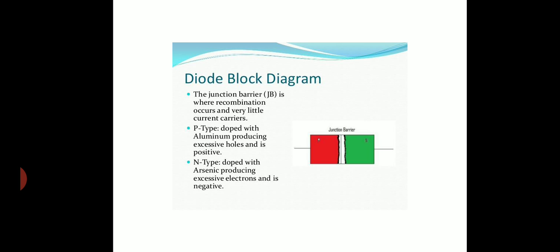N-type is doped with arsenic producing excessive electrons and is negative. In the figure, the red color shows the P-type and the green color shows N-type. The center white color is the junction barrier.